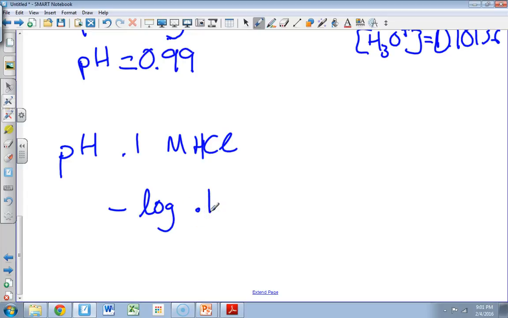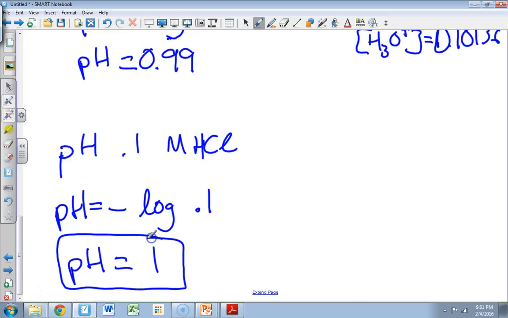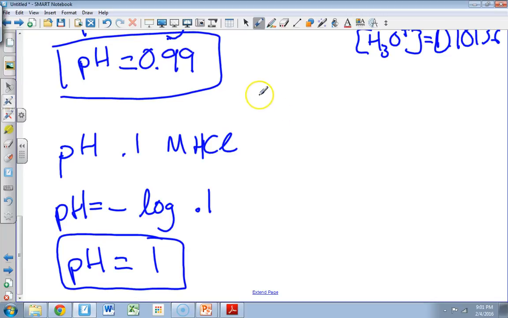Well, the negative log of 0.1 is equal to 1, so the pH is 1. So we've done a lot. We calculated the fluoride ion concentration in this mixture, but we've also seen something interesting.